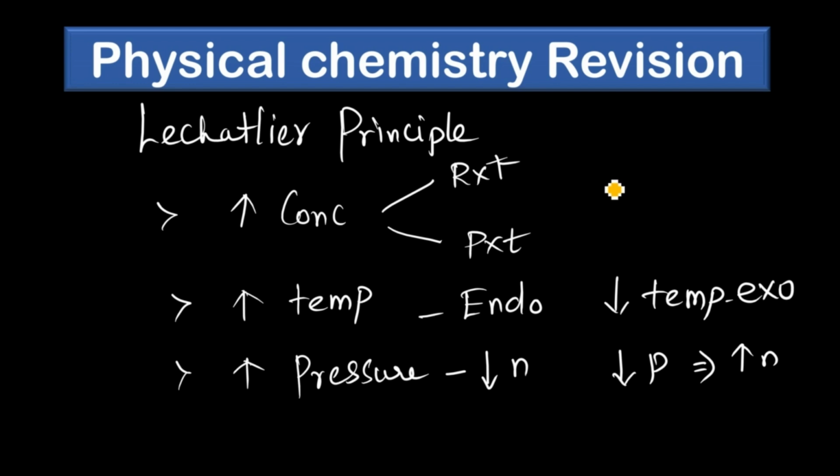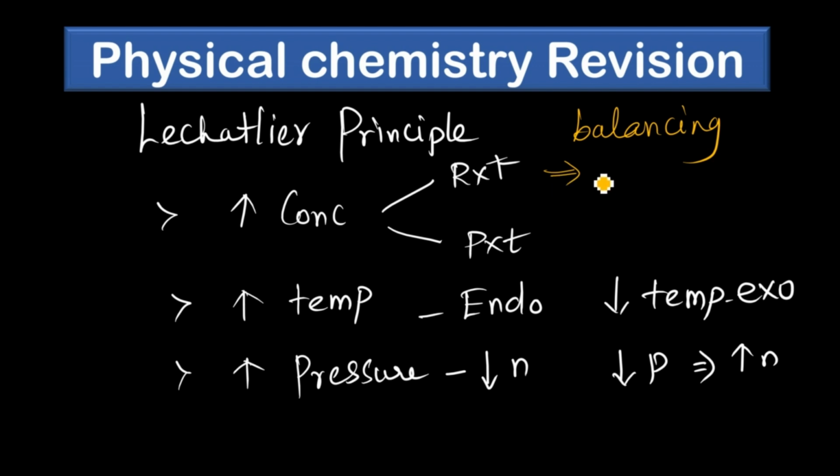I have cut it short and am giving you the essence of Le-Chatelier principle. Le-Chatelier principle is nothing but just a balancing method, right? If salt is less, we add salt, that's it. If it is an equilibrium reaction and the concentration of the reactant increases, it has to be decreased.